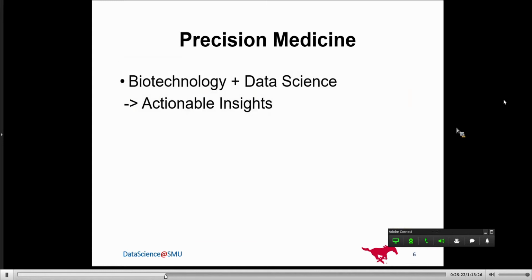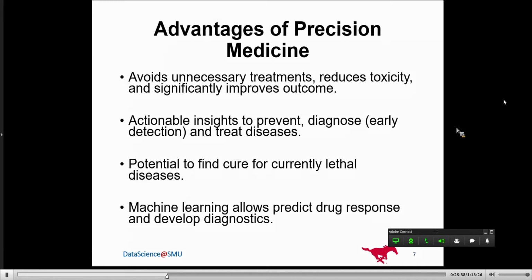So in my understanding, precision medicine is a perfect combination of biotechnology and data science that generates actionable insights that help the patients and the doctors making decisions on optimal treatment. The advantages include avoiding unnecessary treatment, reducing toxicity, and significantly improving outcomes.